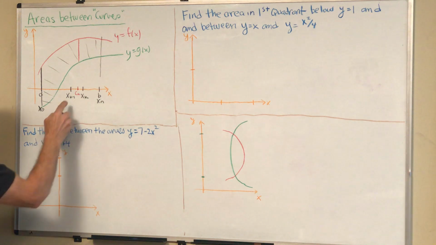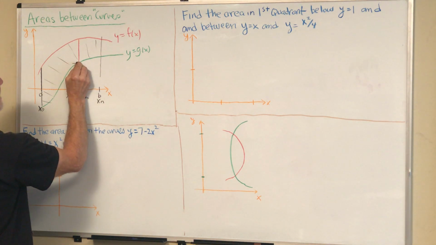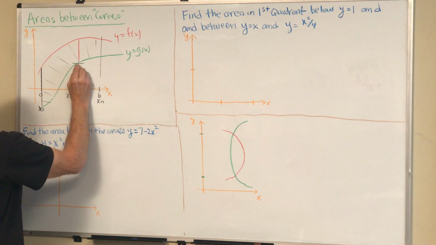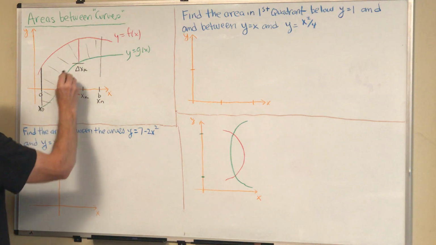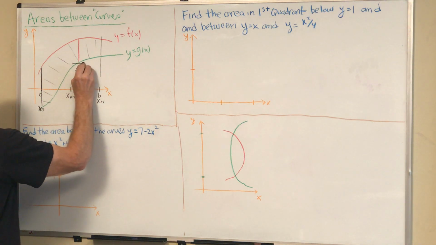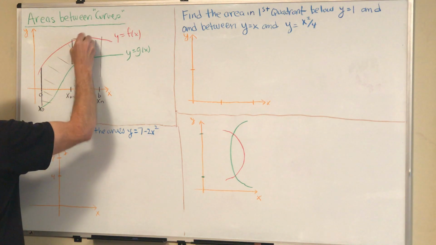And the width is going to be x sub k minus x sub k minus 1, which we've called delta x sub k before, so we might as well do it again. And we just go up and make our rectangle at that height.